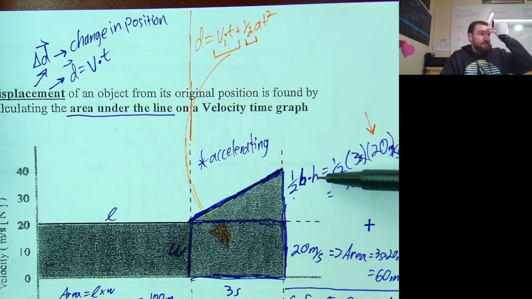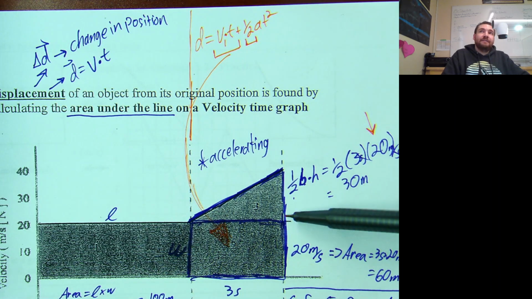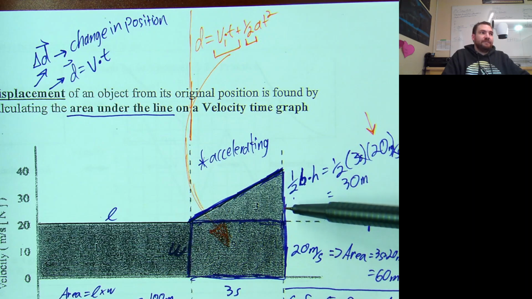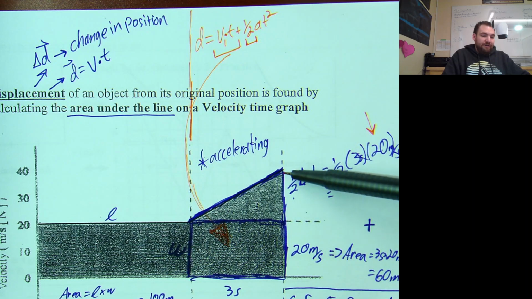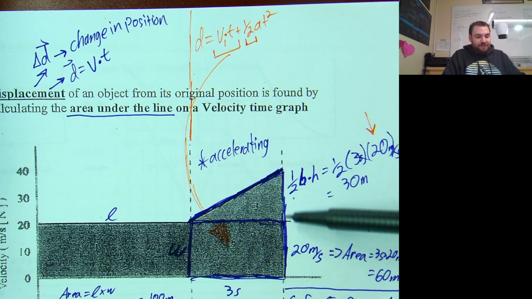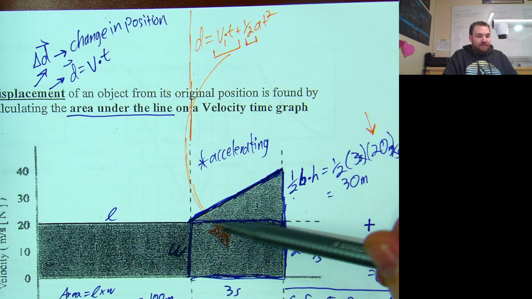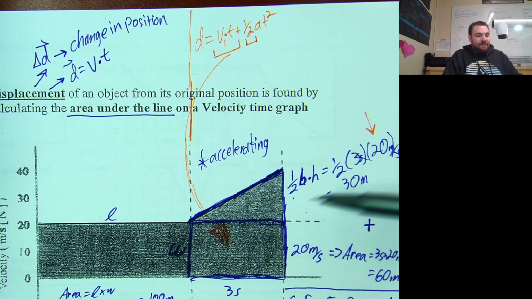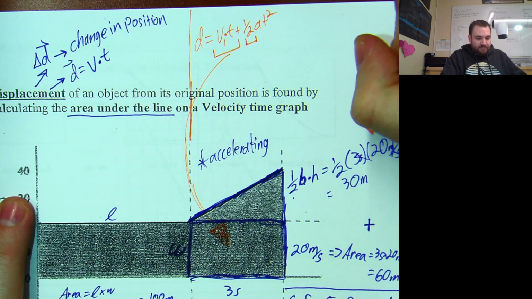Half base times height. So that 20 came from the height of our triangle, yes? How did I find the height of that triangle? And doing what with those values? I subtracted them. I took my final velocity, subtracted my initial velocity, and I got my change in velocity.